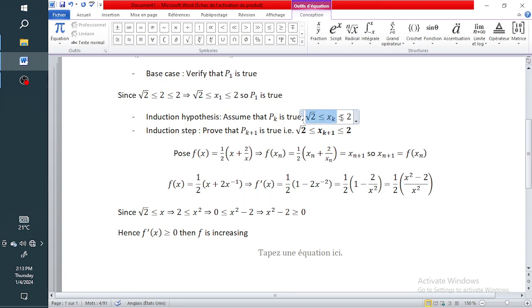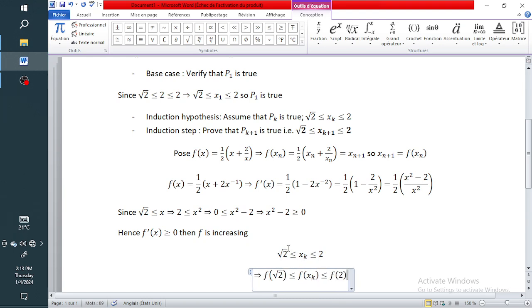The induction hypothesis says that our x of k is between root 2 and 2, right? Now I'm going to apply f all through. So I'm going to have f of root 2 less than or equal to f of x of k less than or equal to f of 2.